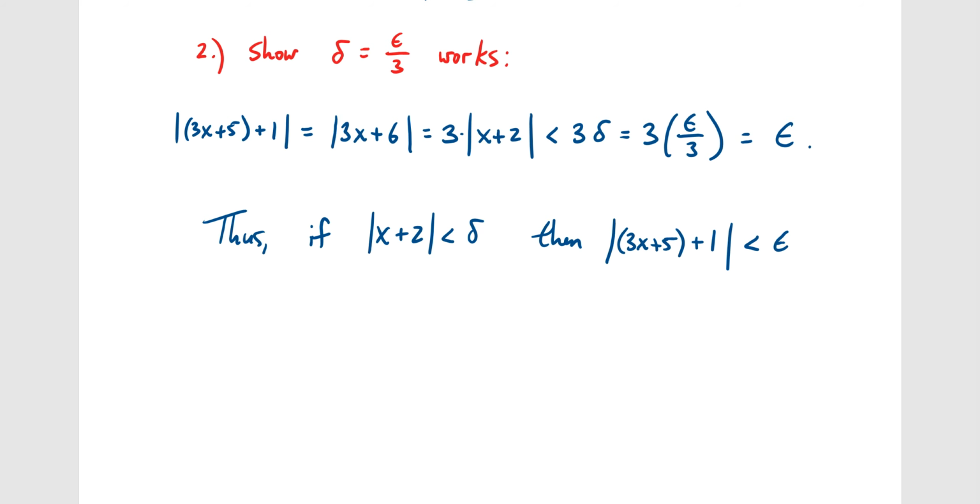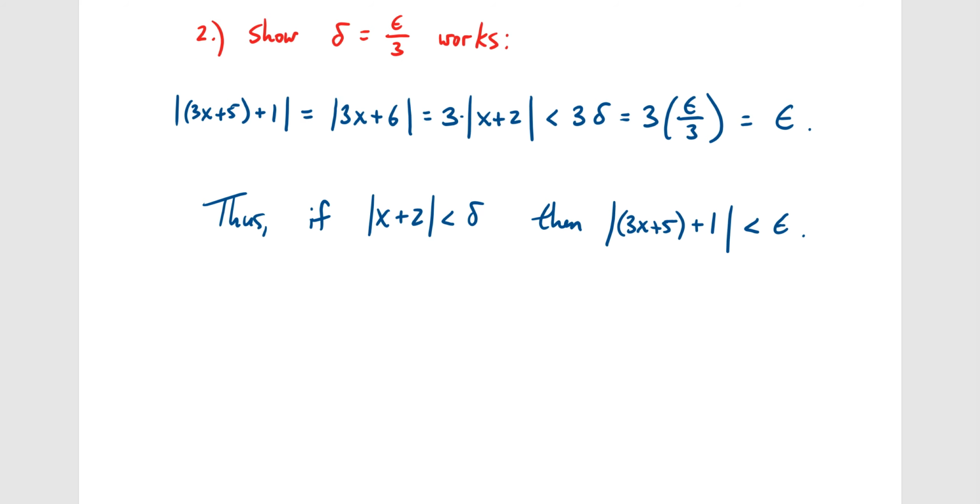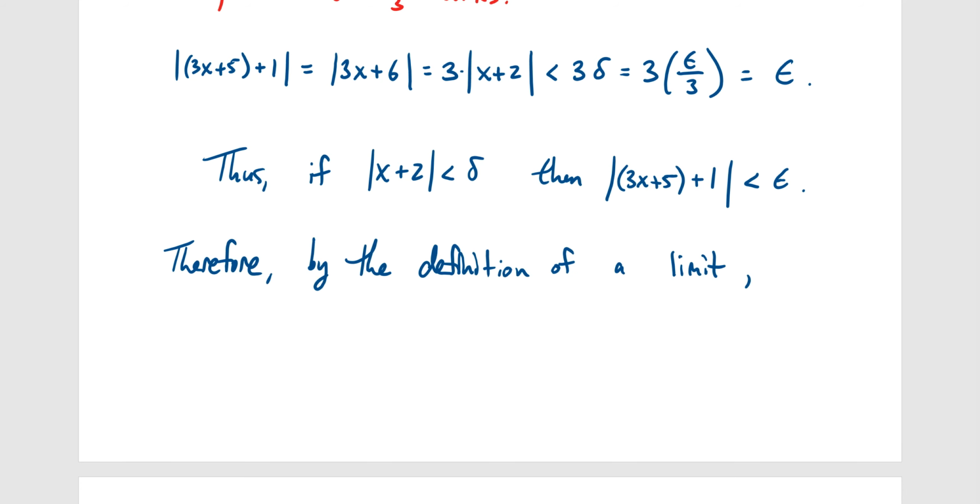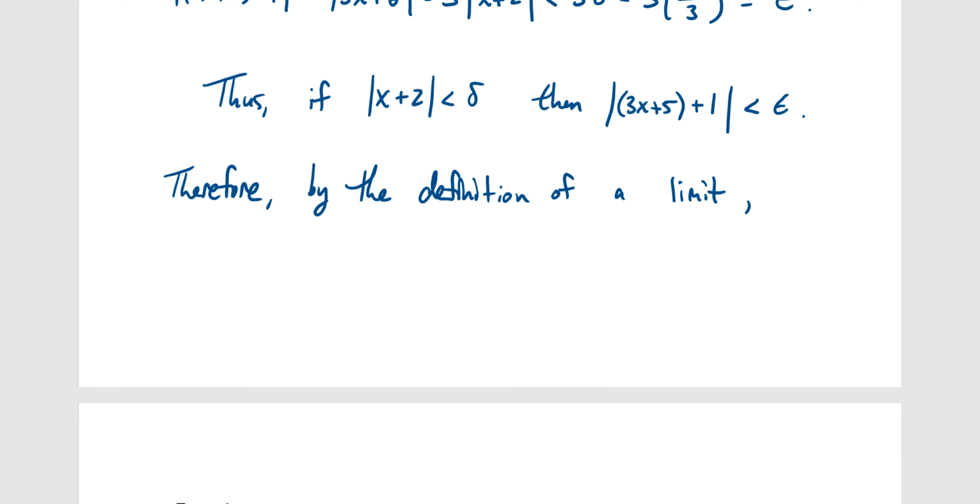So that's what we just proved. So now we say, therefore, by the definition of the limit, and we essentially just repeat what the question was originally asking, which was the limit as x approaches -2 of 3x plus 5. We now know that that equals -1 because of the definition of a limit and our proof.